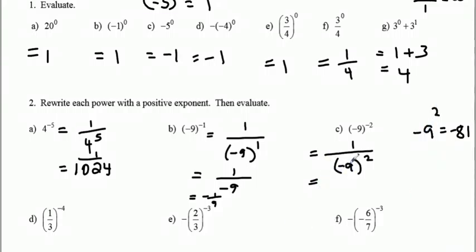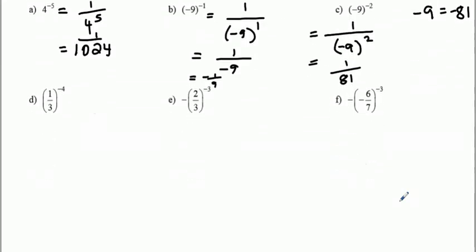So it's super important that you put your brackets in to distinguish between negative 81 and positive 81. So this is actually 1 over positive 81. Brackets are super important in these questions.